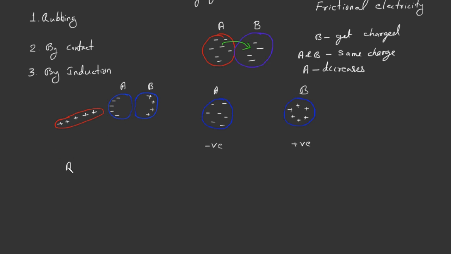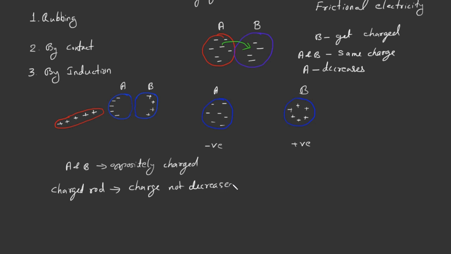So the metal spheres A and B are oppositely charged. Here the charged rod does not make any contact with the metal spheres, so its charge is not decreased or lost.